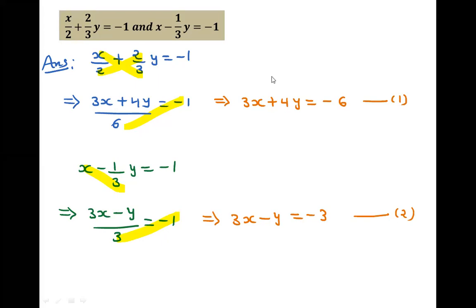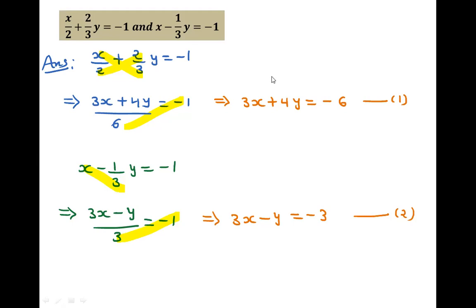Right, very good. So I think all the students know, I just take the subtraction of 1 from 2. If I want to remove the y variable, I can multiply equation 2 by 4 and add both equations and so on.